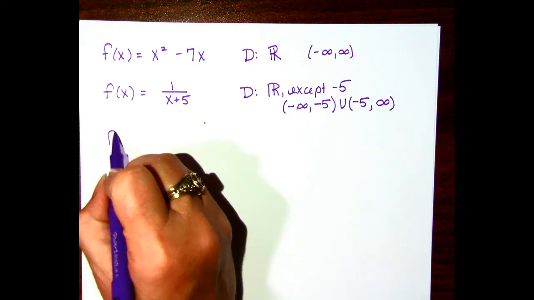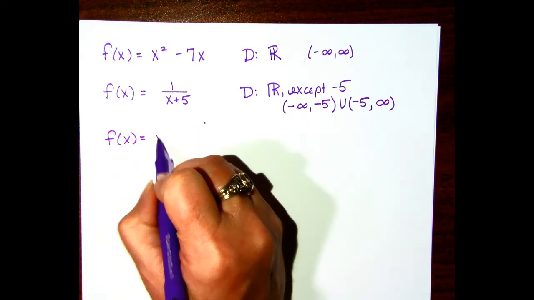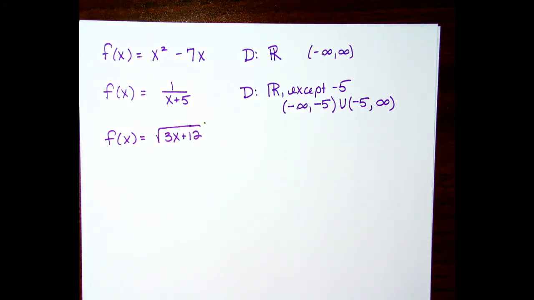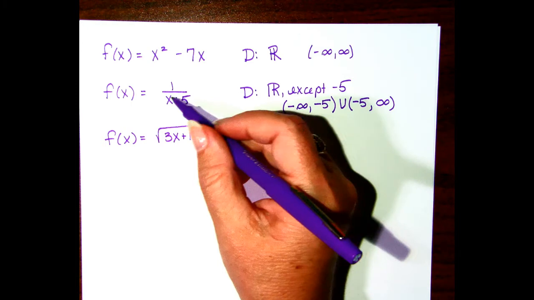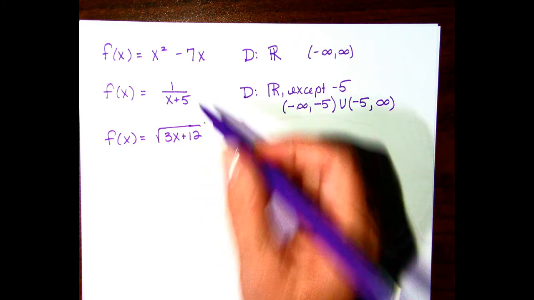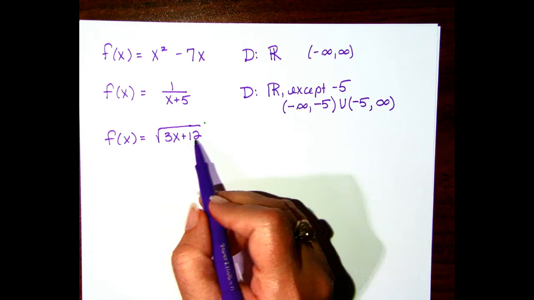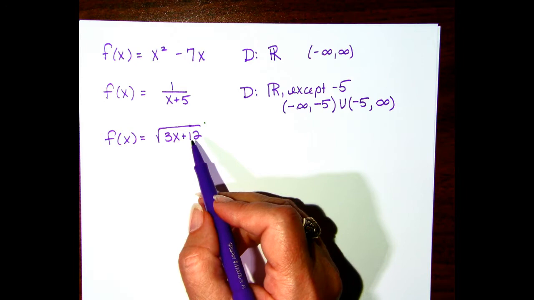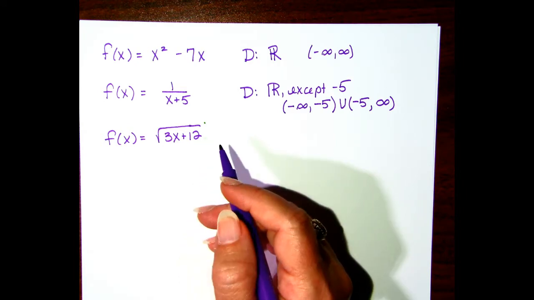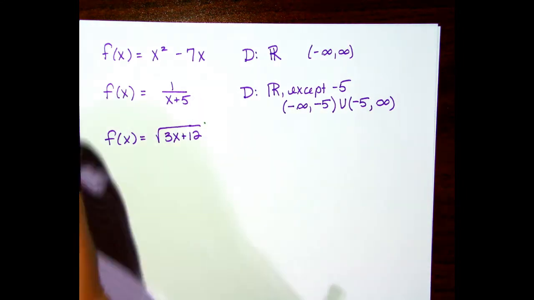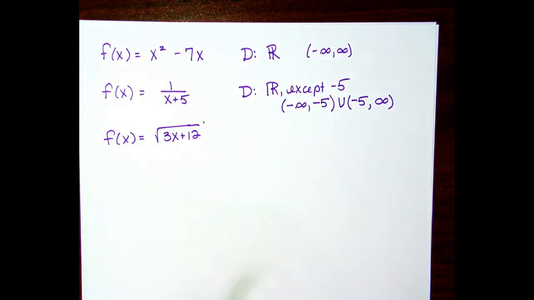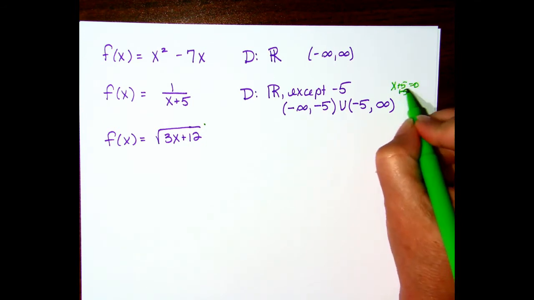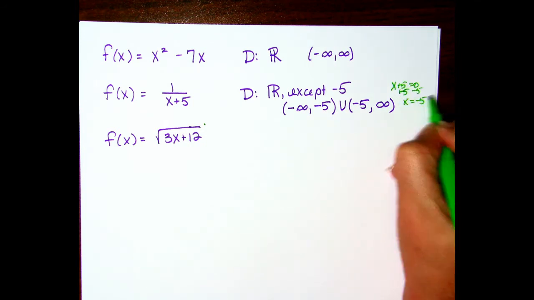What about this one? F of x equals the square root of 3x plus 12. So here we had to do something because the denominator is not allowed to equal 0, right? What do we have to do here? Is this allowed to equal 0? Yes. But what it can't be is less than 0, right? So here I had to, in my head, say x plus 5 equals 0 and subtract 5 from both sides to say x equals negative 5, and I knew that's where it couldn't be.